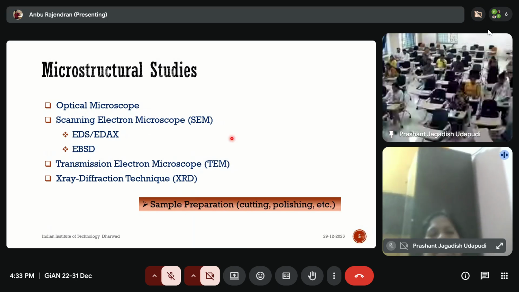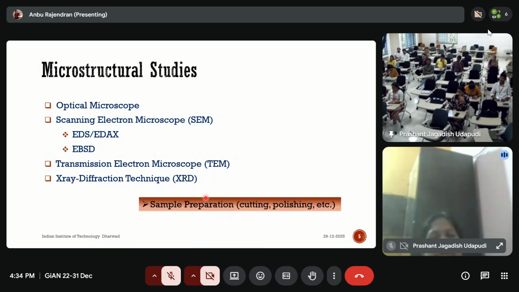Before getting into the technique, irrespective of the process, a defined sample preparation procedure is required. You must follow a standard procedure for sample preparation. There is an ASTM standard you can follow.